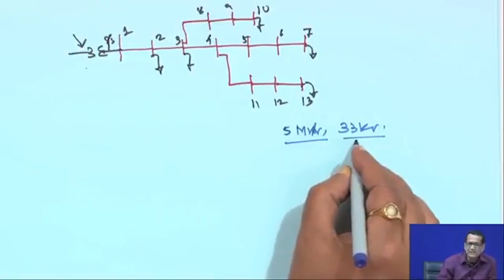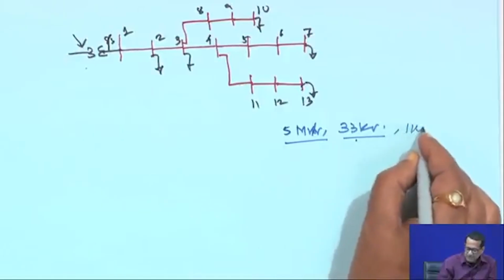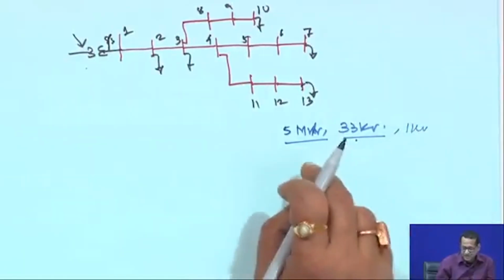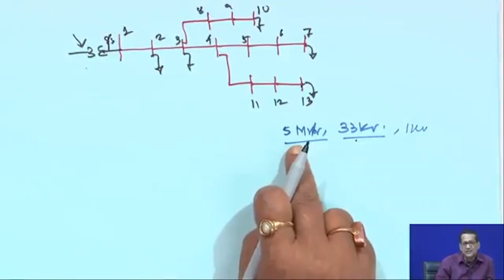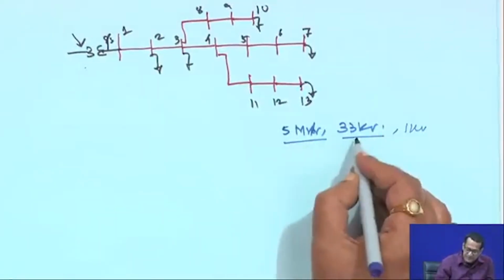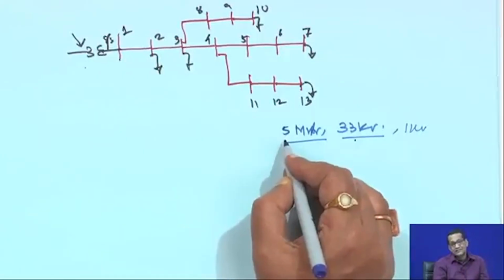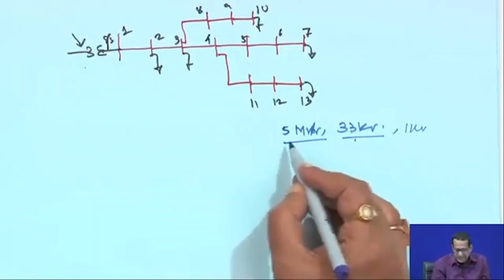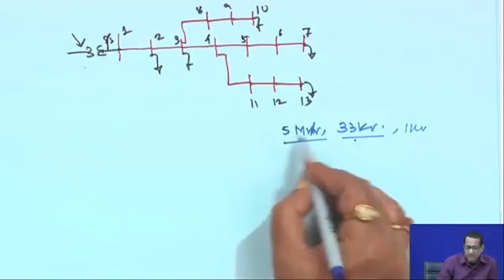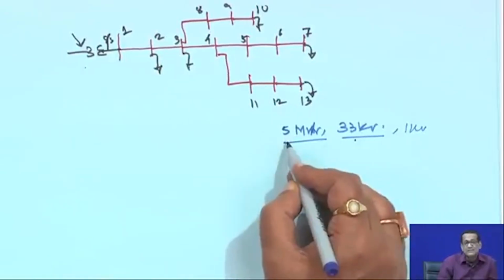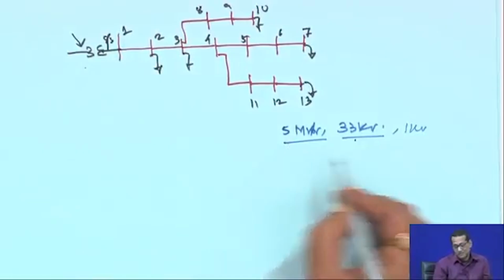That means if the voltage level is 33 kV, then only 5 megavar will be injected. If it is more than 33 kV, it will inject more than 5. If it is less than 33 kV, it will inject less than 5.